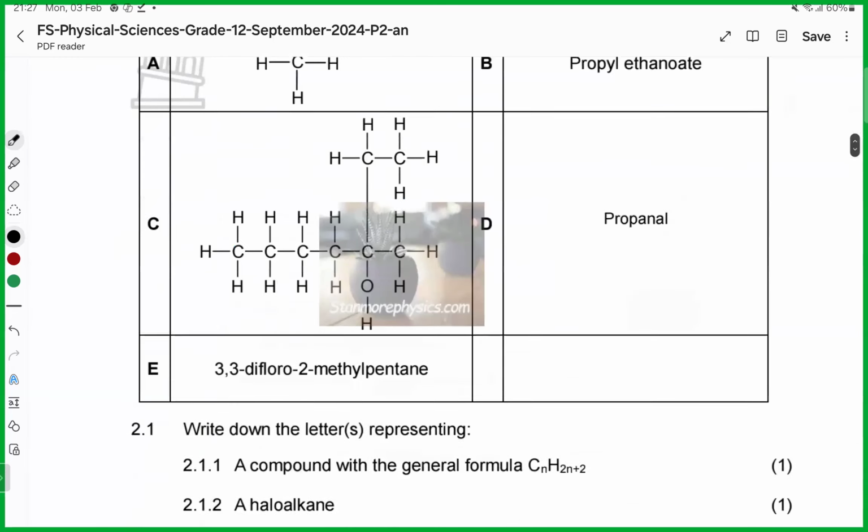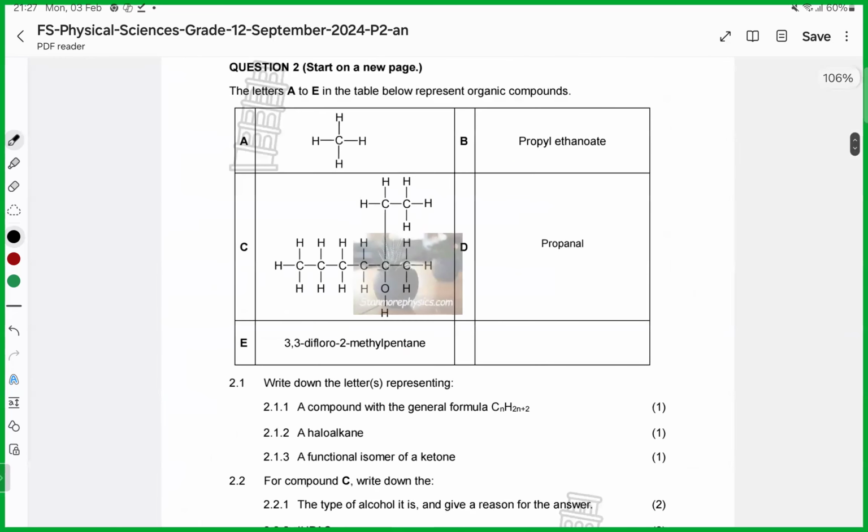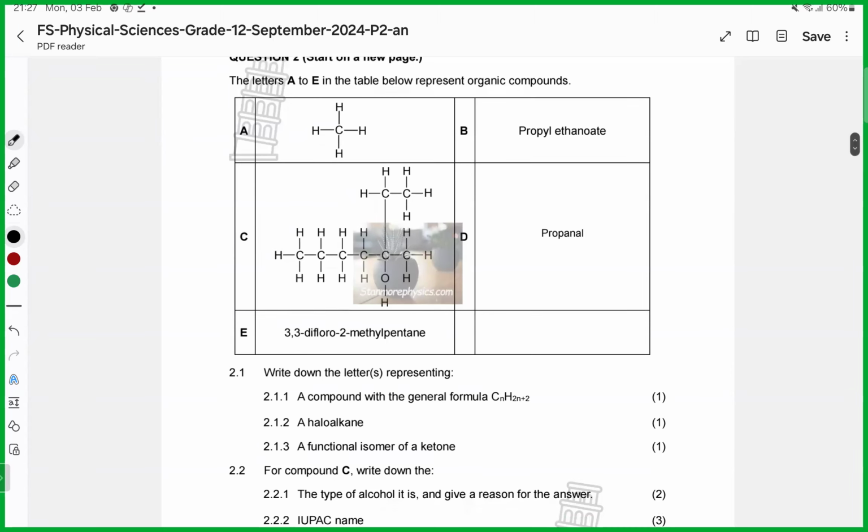Let's start off and see how far we can go. Yeah, we can do the first 3 there. I'll give you all 1 minute for that.